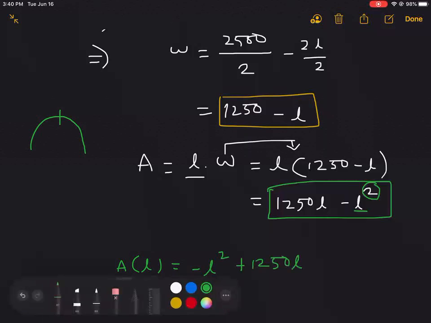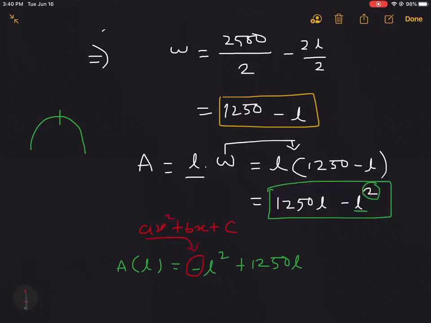If you compare it with the original format, ax squared plus bx plus c, you can see the value of a is actually -1. And we know if a is less than 0, then we have a concave down, and that way we know that we have a maximum there, right?